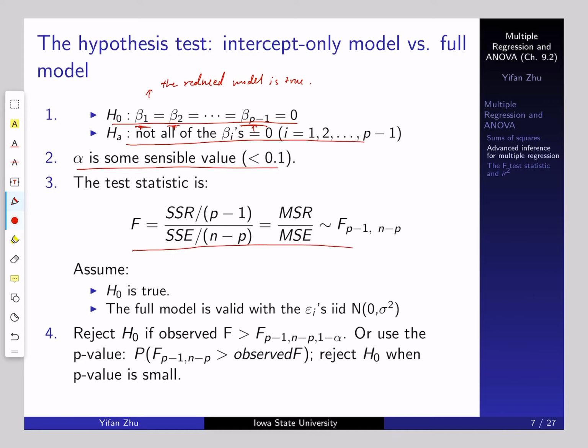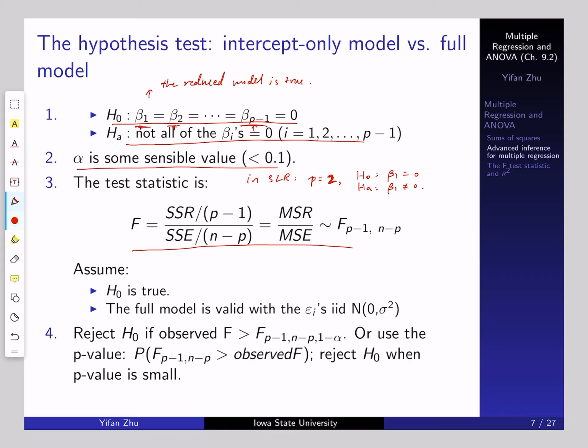If you remember what we did for the simple linear regression, when p is 2, we only have one predictor. So when p equals 2, H naught is just beta 1 equals 0, and Ha is just beta 1 not equal to 0. And we also used this F test statistic.